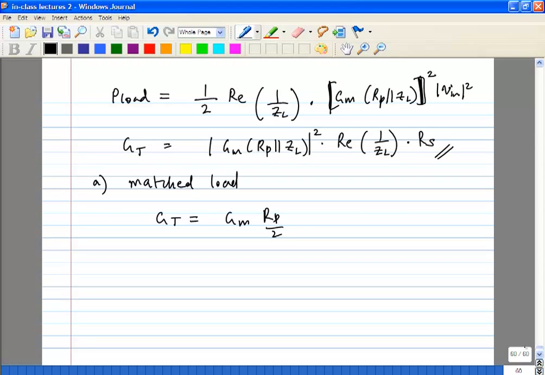ZL is equal to RP. And real part of 1 over ZL is nothing but 1 over RP. Okay, and this also happens to be the available power.